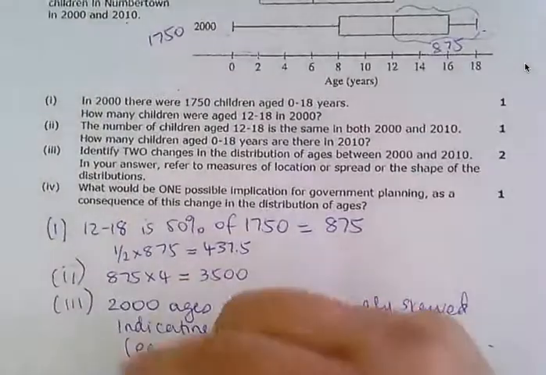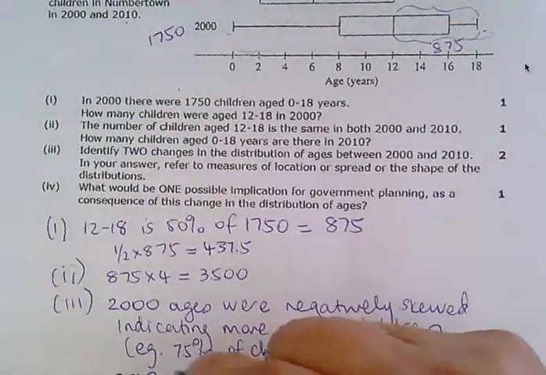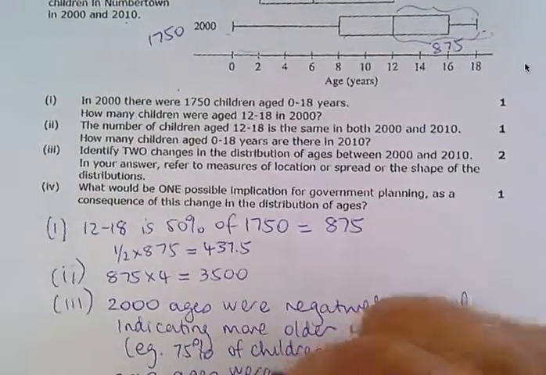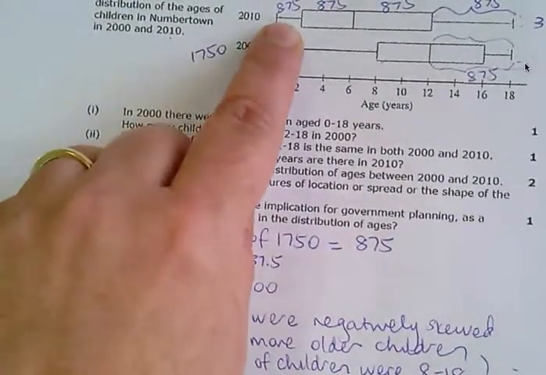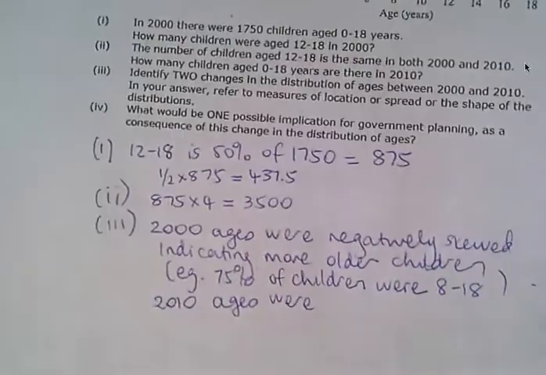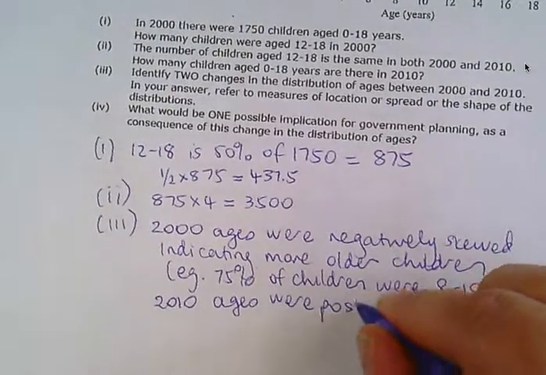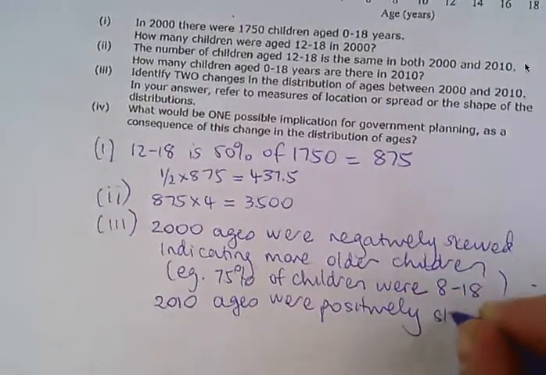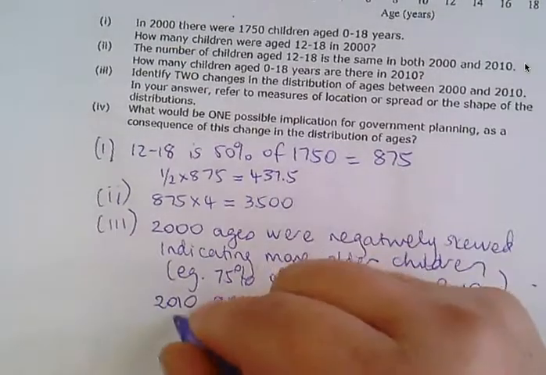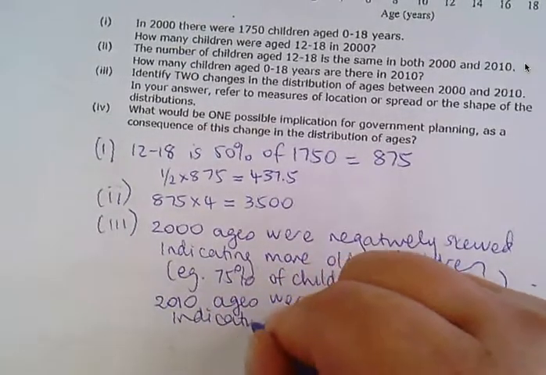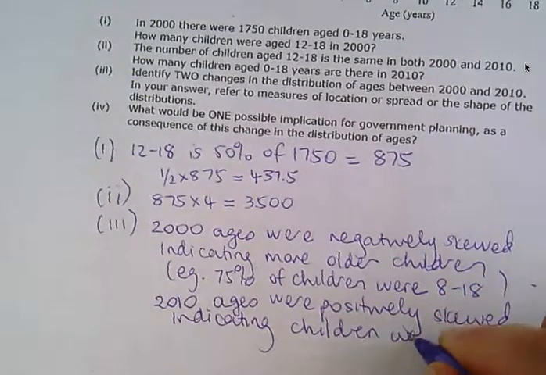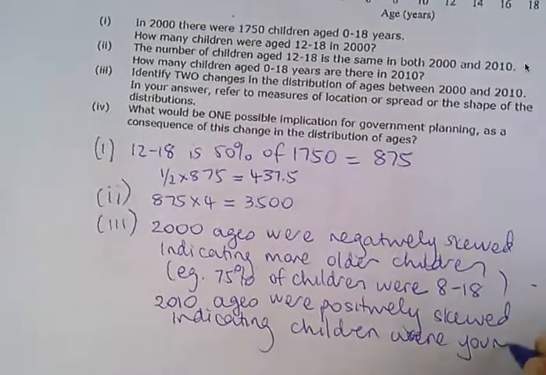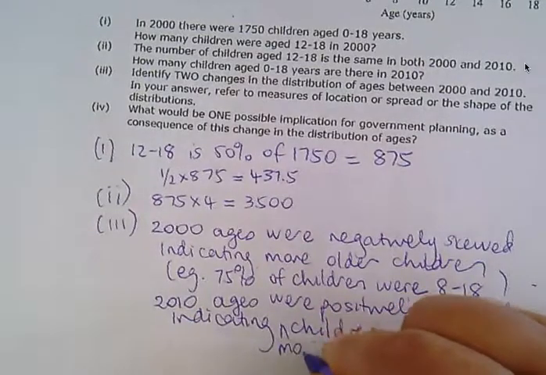But in 2010, the ages were, what do you think? Positively or negatively skewed? There were positively skewed. So that's your skewness. Positively skewed, indicating children were younger. More children were younger.